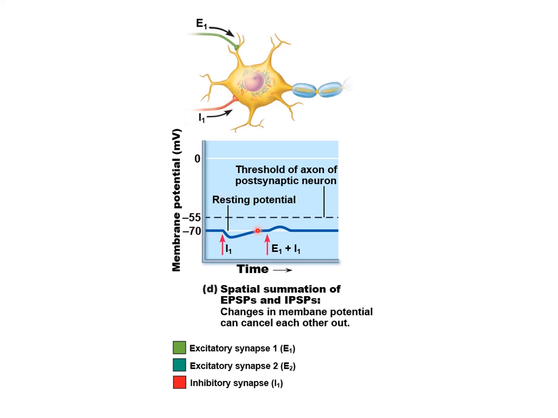You put the two together and they cancel each other out. So this inhibitory will cancel out the excitatory, meaning no chance of reaching threshold at the axon hillock. So this is spatial summation, but realize stimuli don't have to be excitatory, they can be inhibitory.